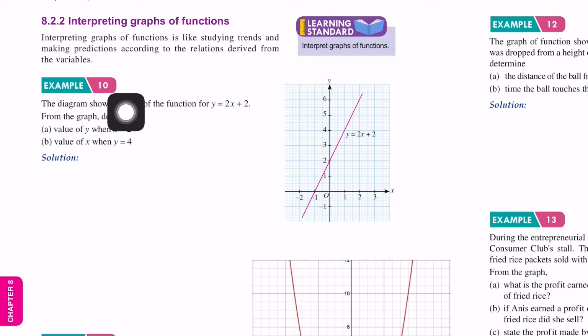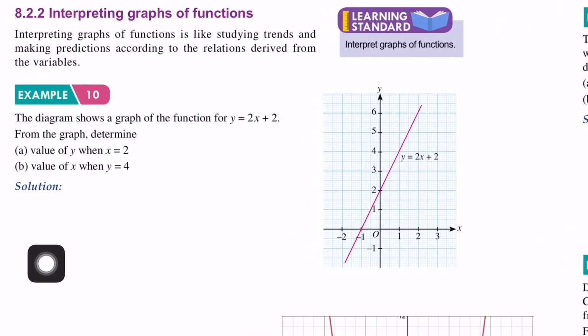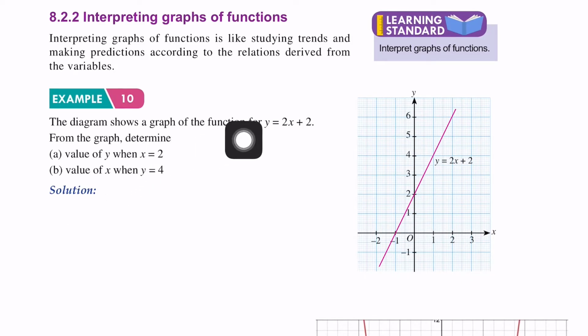So example 10. The diagram shows a graph of function for y equals x plus 2. So this is a straight line, because only x.